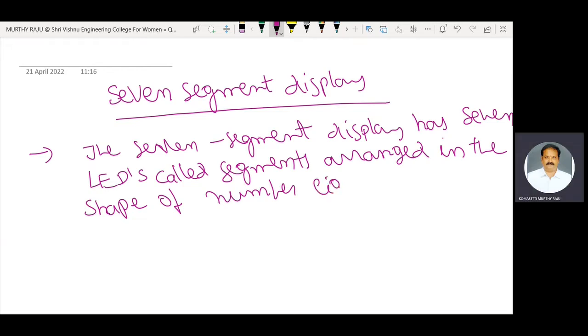Shape of number 8 means this one is the 8th number.